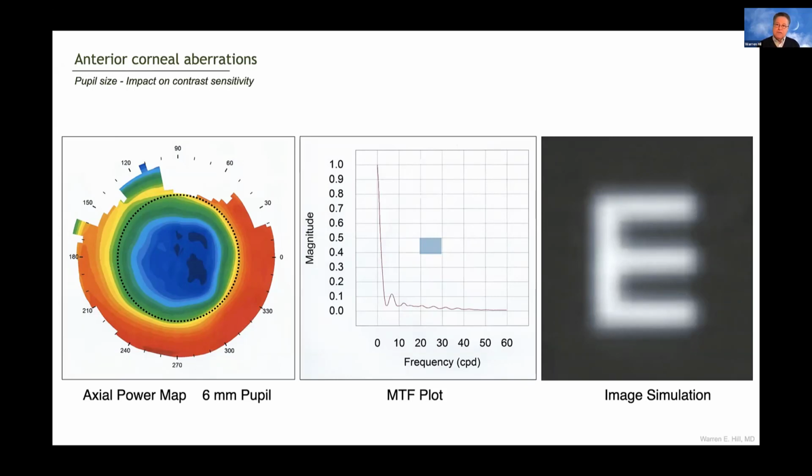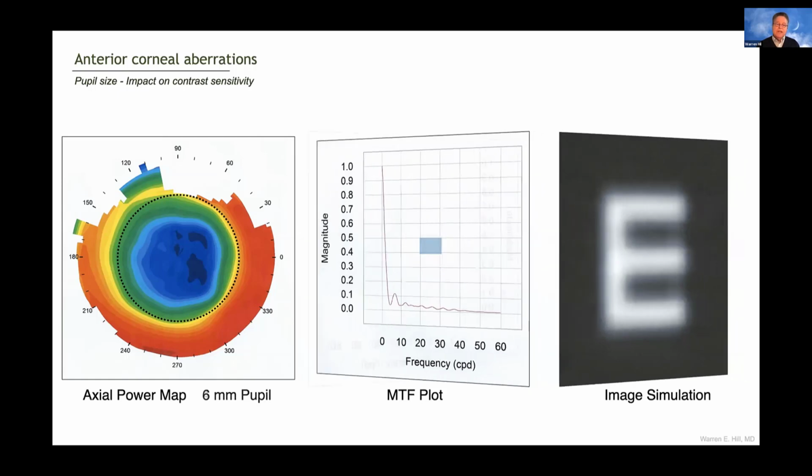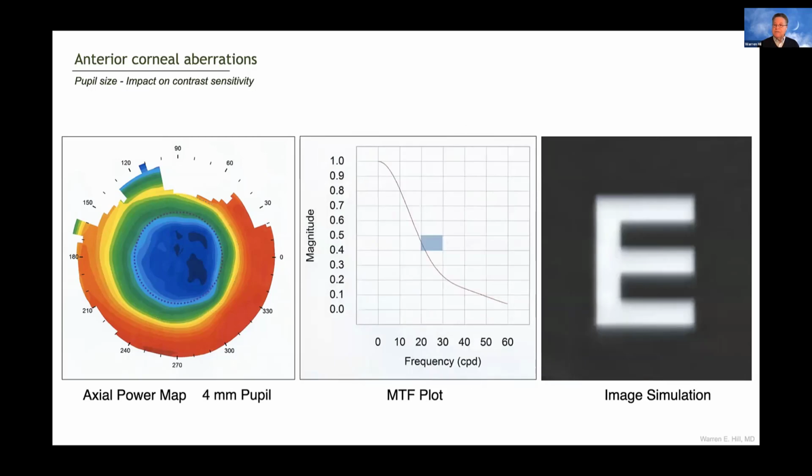So somebody who's had this form of LASIK, first generation LASIK, is going to have a lot of trouble seeing at night. You can see their image simulation with the characteristic halo and glow. Now, as we reduce the pupil size, the influence of spherical aberration in this case is going to be less, and their image contrast is going to be normal.